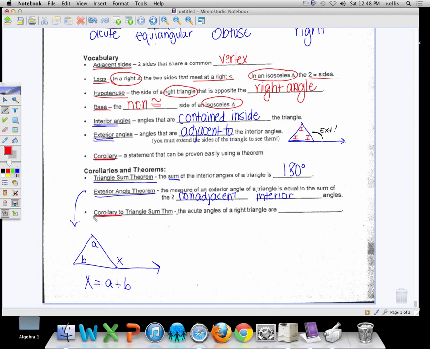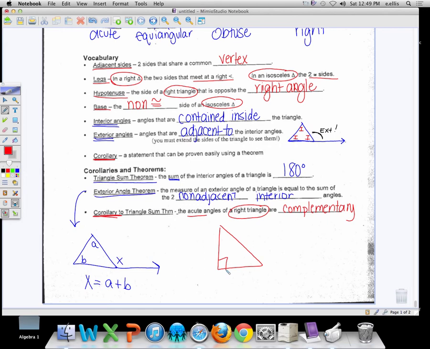And last but not least, we have the corollary to the triangle sum theorem. Okay, so it's kind of like an extension of it. It says the acute angles of a right triangle are complementary. And if you think about that, a right triangle, let's draw a picture of that down here.